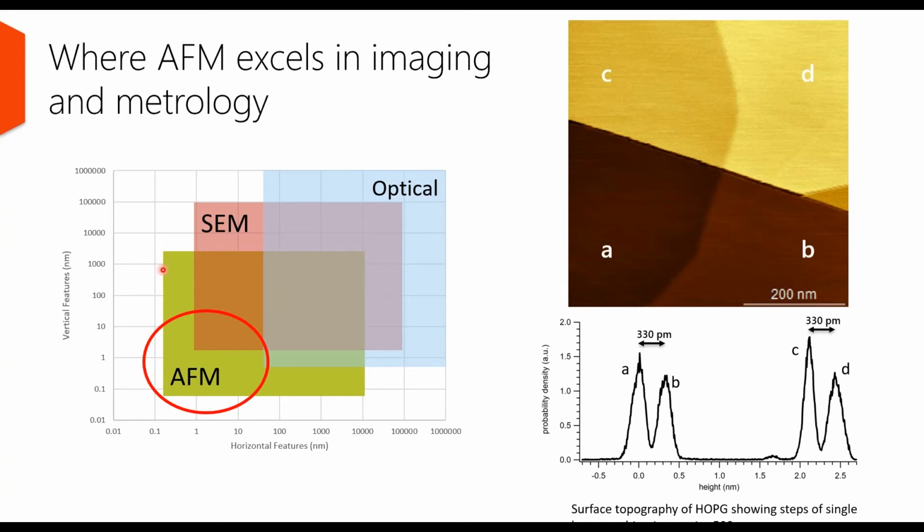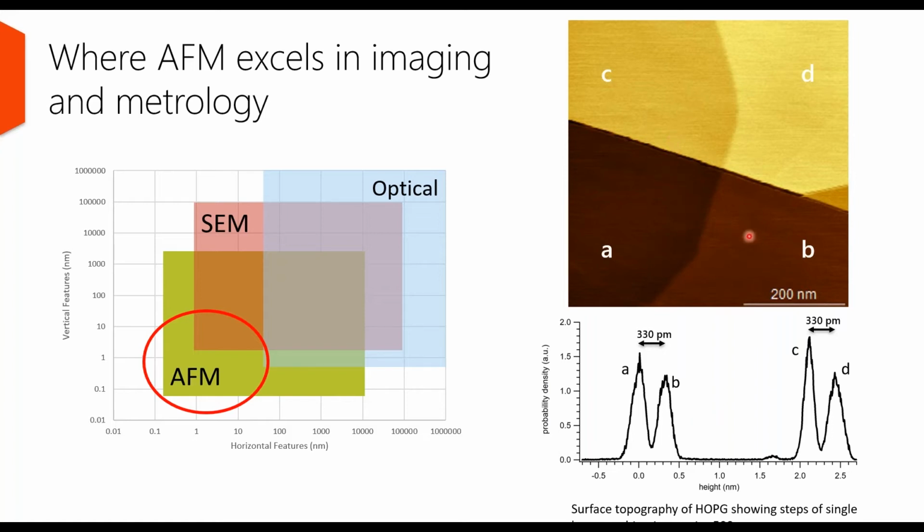Here, for example, to give you that sub-angstrom resolution, we have a piece of HOPG, so this is graphite. When you pull off a layer of it, it can stack into multiple layers. Here are 4 different layers of it, and between A, B, the lower half and the top part, there's about 2.5 nanometers of spacing.